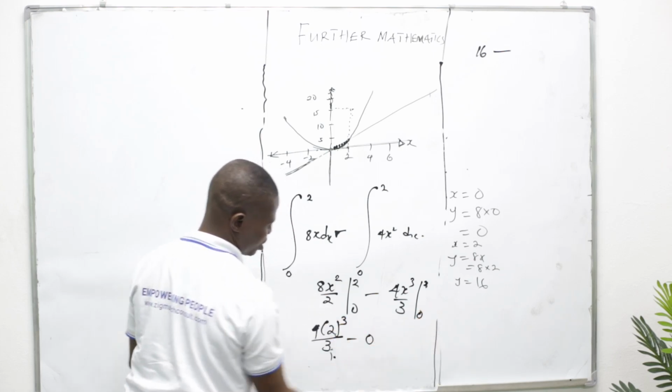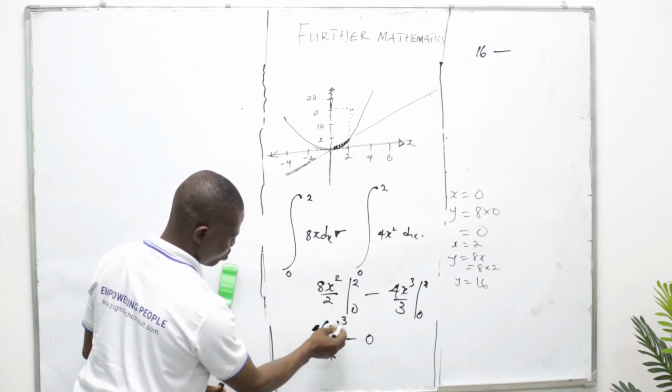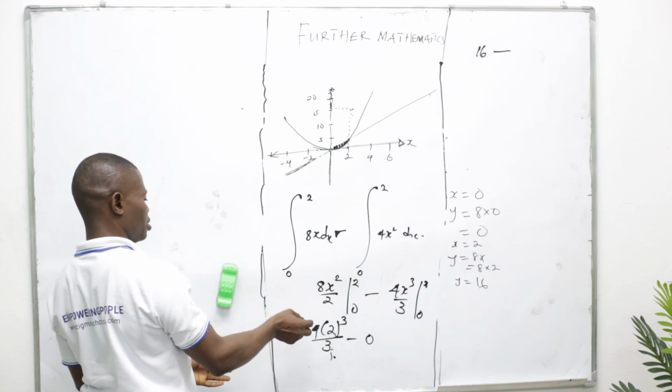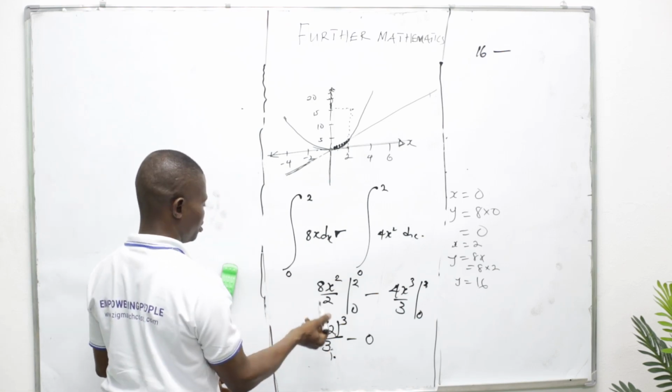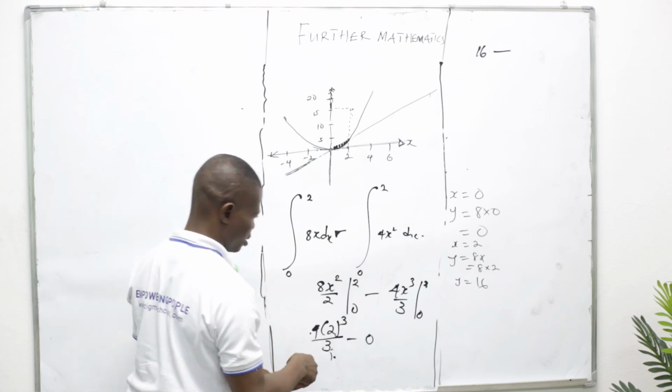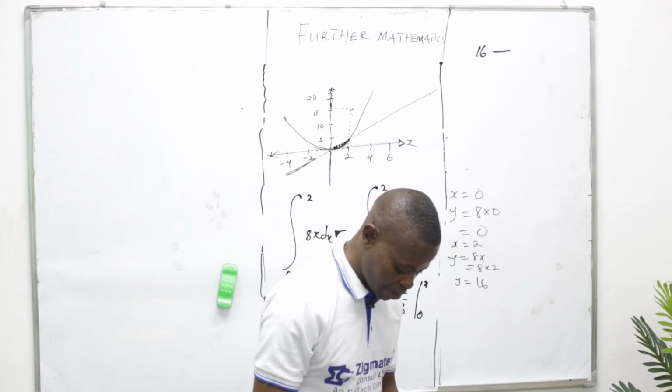We don't have business here. This is 2 power 3 is 8, times 4. That is 32 divided by 3.